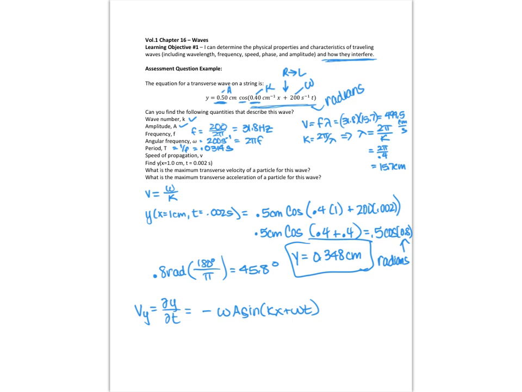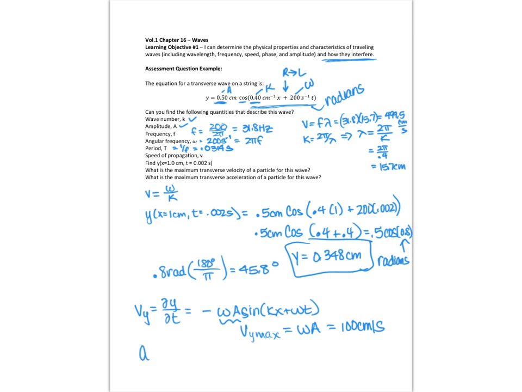I'm just trying to make it a little easier, but that is what it would generally look like if we took the derivative of that function up top with respect to time. It's this term, so Vy max is what's out front, equal to omega times a. That's the biggest that velocity can get. And that ends up to be 100 centimeters per second.